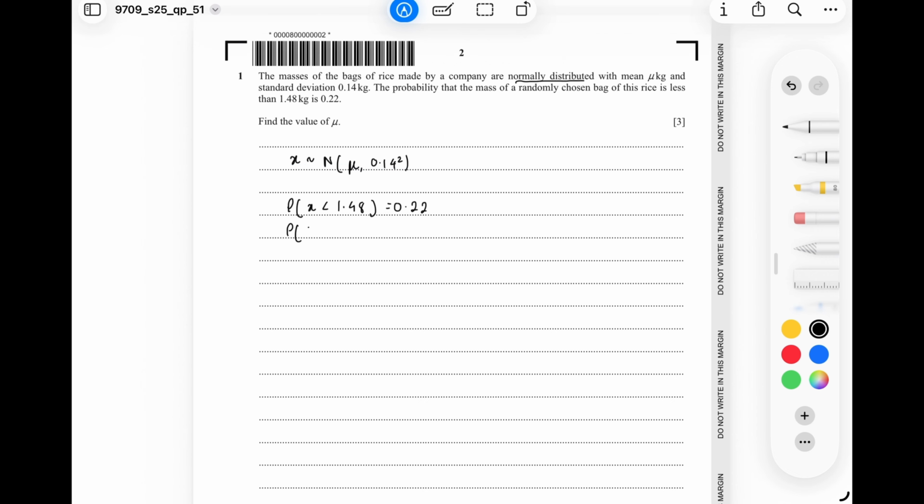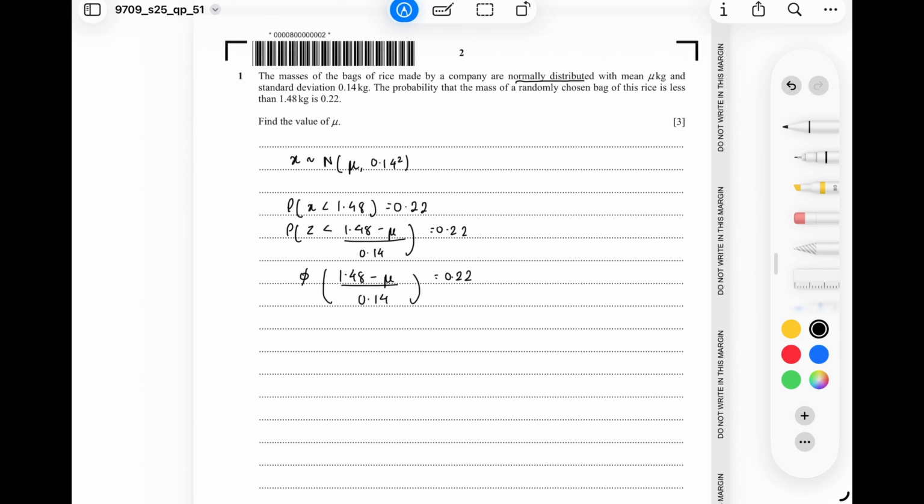So p of z is less than 1.48 minus the mean all over the standard deviation is equal to 0.22. Since it's z is less than, we can just take phi of this entire value, which is 1.48 minus mean all over this is equal to 0.22.